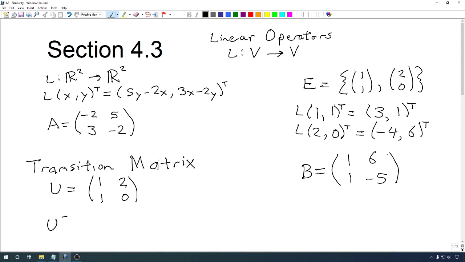If we want to go the other way, we'd actually have to find the inverse of this matrix. So if we're looking for U inverse, well, first of all, we're going to have to find the determinant here. So 1 times 0 minus 2 times 1. 0 minus 2, we're going to have a negative 1/2 out in front, which hopefully won't have any fractions, but we might have fractions. Then we have to take the adjoint of this matrix.